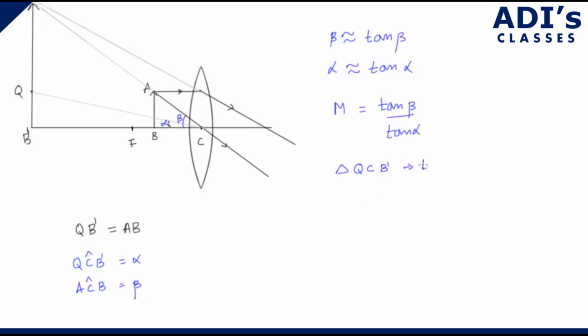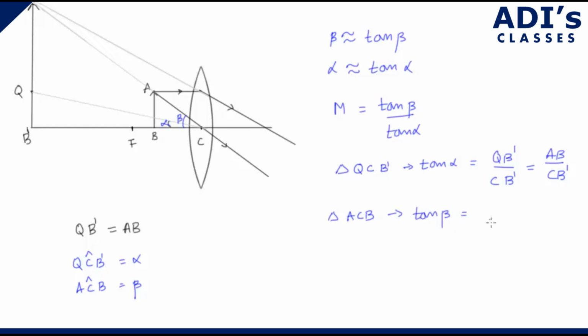In triangle QCB dash, we'll consider tan alpha. Tan alpha is QB dash by CB dash. Now QB dash is the same as AB, so we can also write this as AB divided by CB dash.